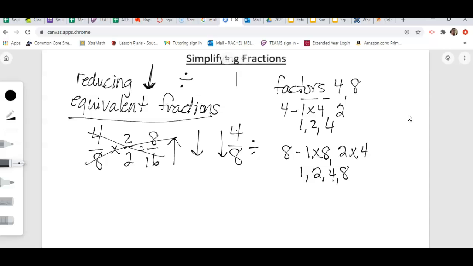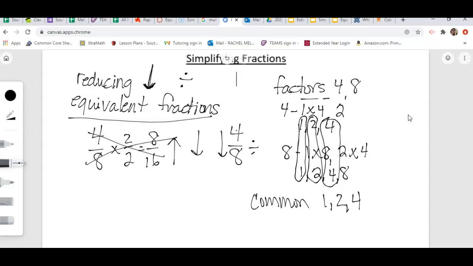That means that they both have 1 as a factor. They both have 2 as a factor. And they both have 4 as a factor. So their common factors are 1, 2, and 4.